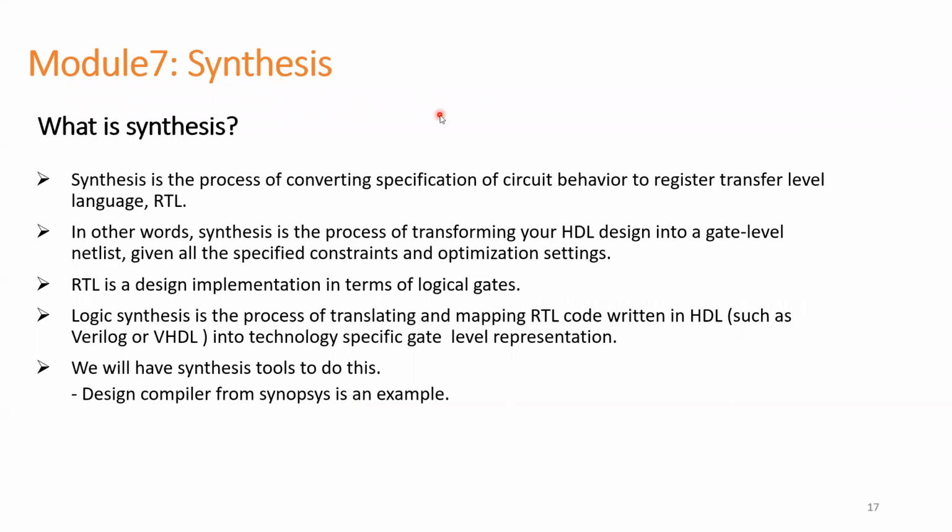In module 7 we will study synthesis. Synthesis is the process of converting a specification of circuit behavior to register transfer level language or a gate level netlist. A gate level netlist will have gate to gate connections.